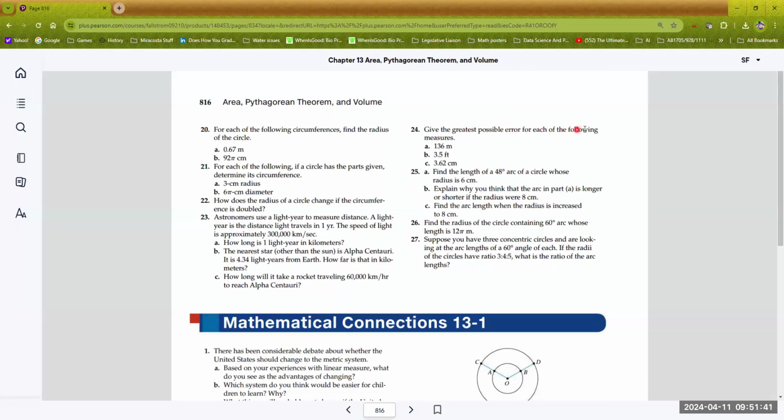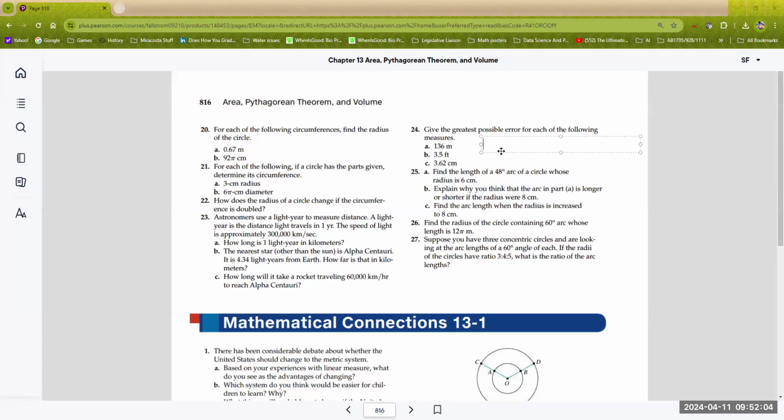Give the greatest possible error for each of the following measures. What you want to look at with greatest possible error is this: if someone wrote down 136 meters, we have to look at that and say, it looks like they were measuring to the nearest meter.